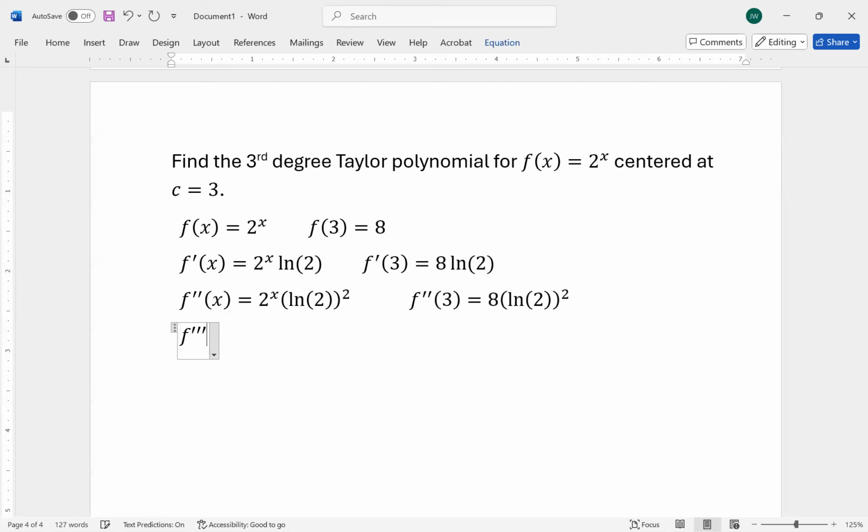If I do the third derivative, excuse me, not third degree. If I'm doing a third degree Taylor polynomial, I need third derivatives. Notice that we're just going to multiply by another copy of natural log of 2, which gives me natural log of 2 to the third power.